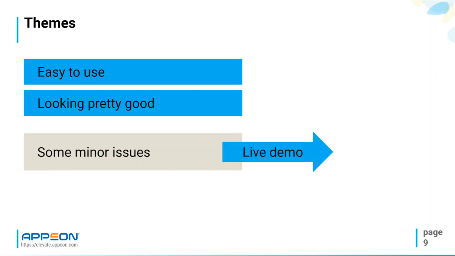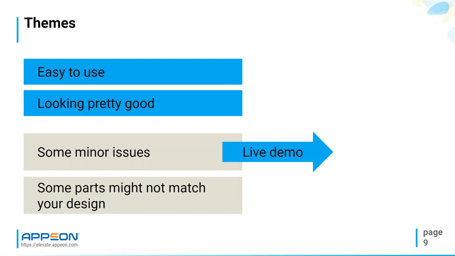I'm going into that with the demo. And some parts might just not match the design you are working with, but fortunately you can switch those off. But of course, themes aren't going to solve every one of your problems. It's not like you're switching on themes and then everything looks good. So there's a lot else to do.